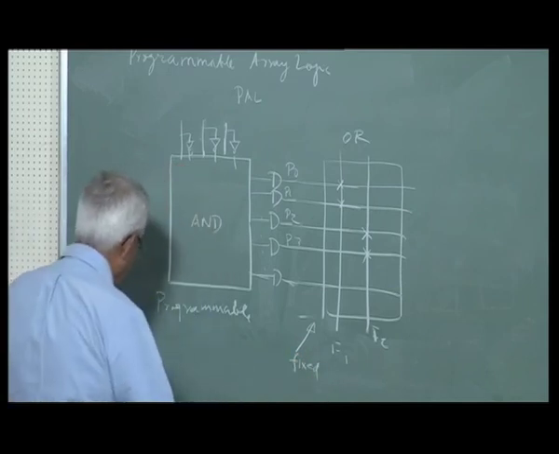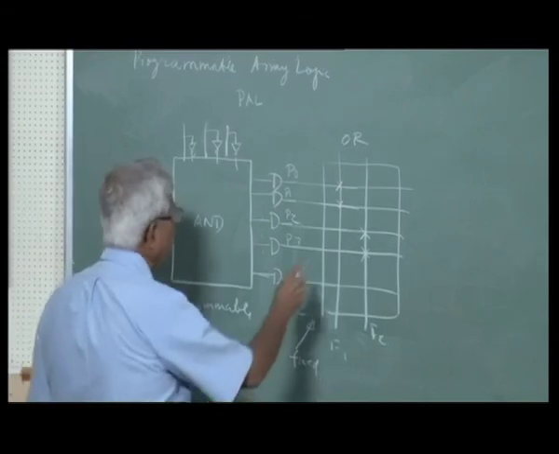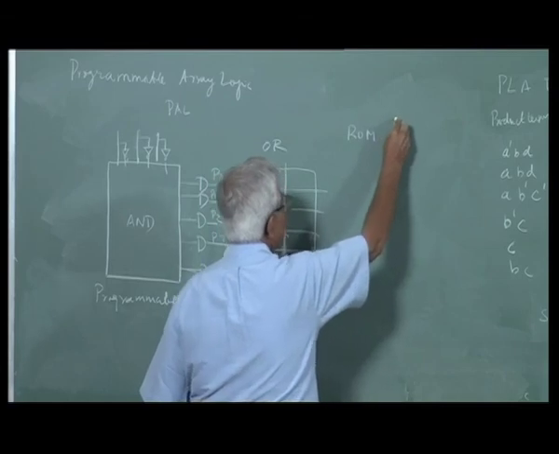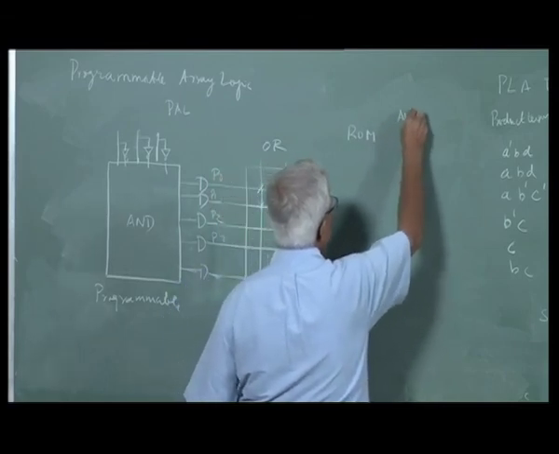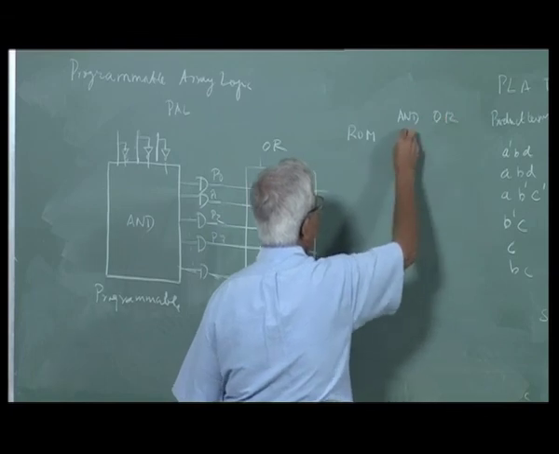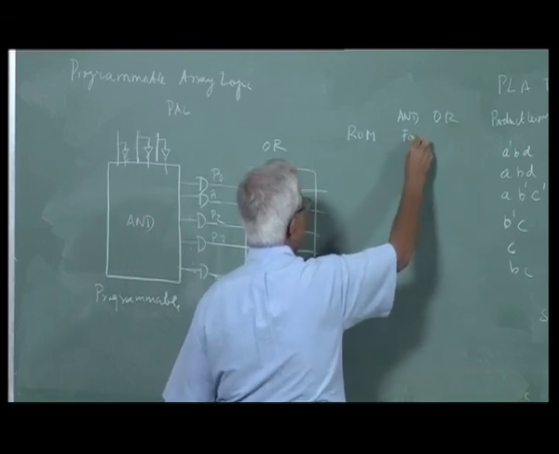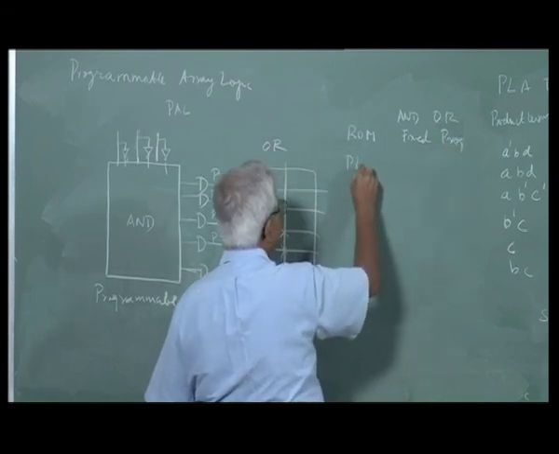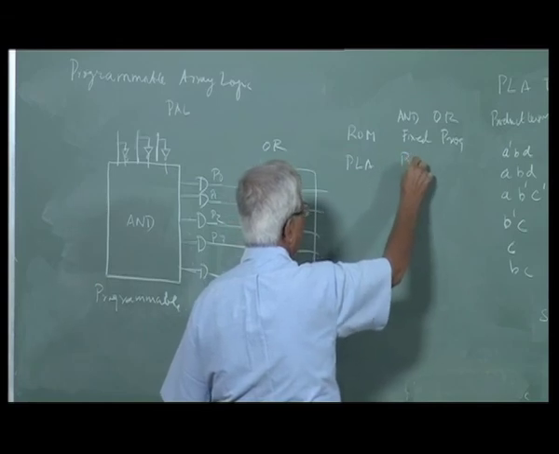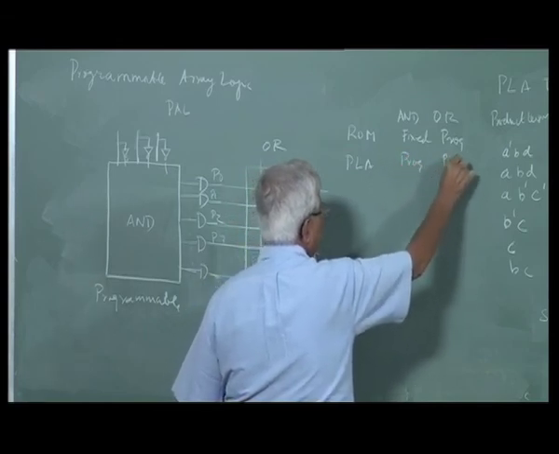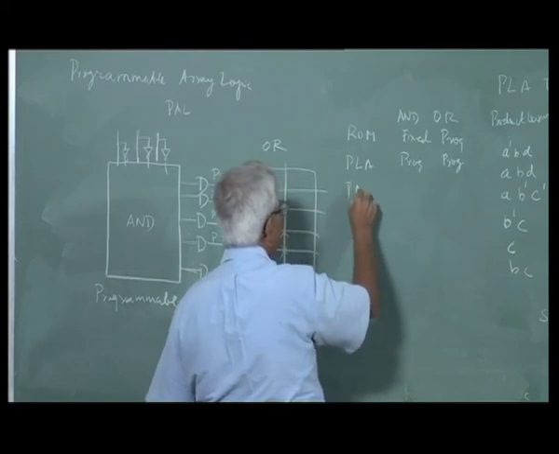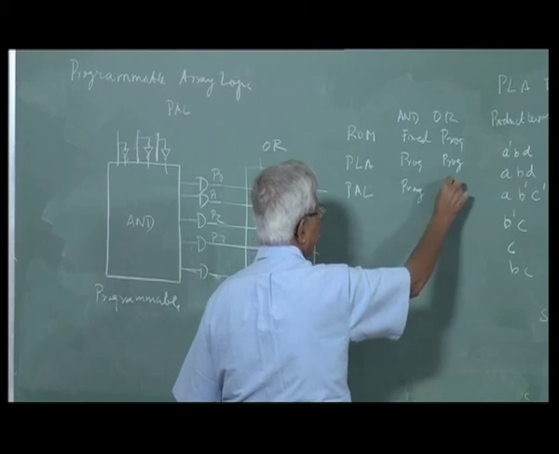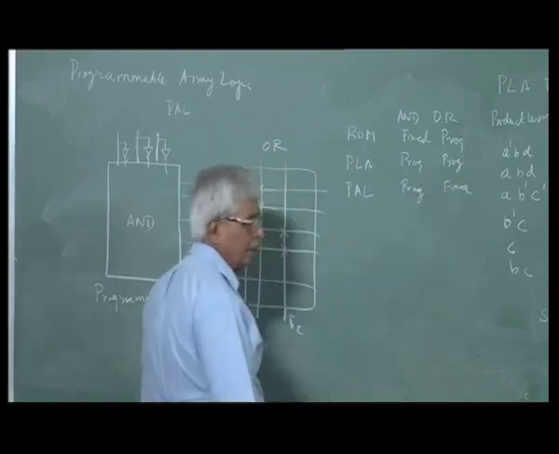So now we have ROM, where AND is fixed and OR is programmable. PLA, both are programmable. PAL, this is programmable, this is fixed. That is the difference between the three types.